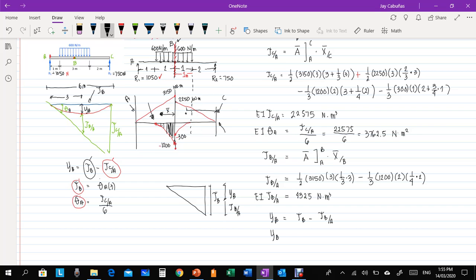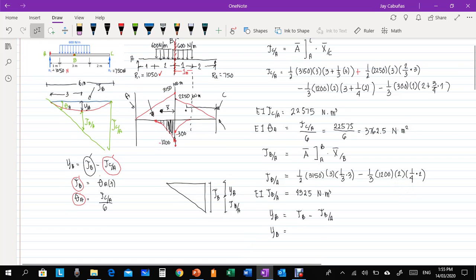Again, the deviation at B, how are you going to compute it? That is the angle at A times the midspan length, which is 3 meters. Right?